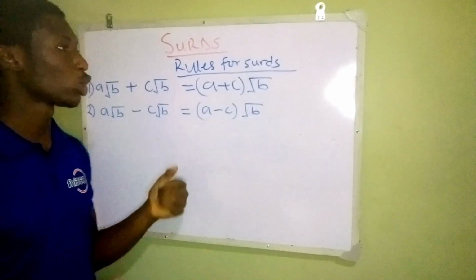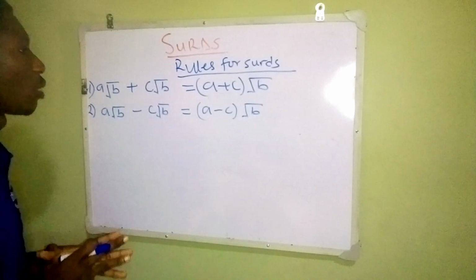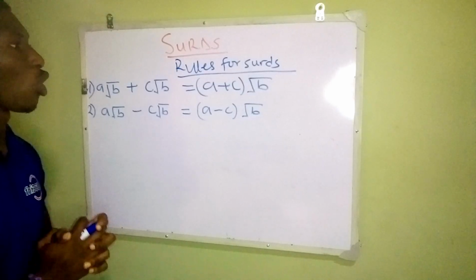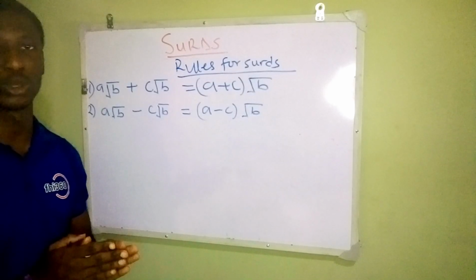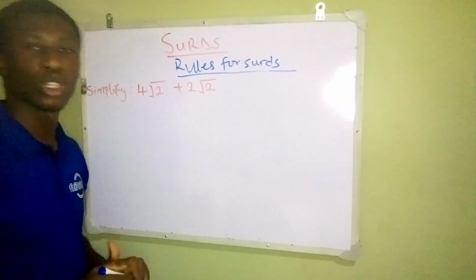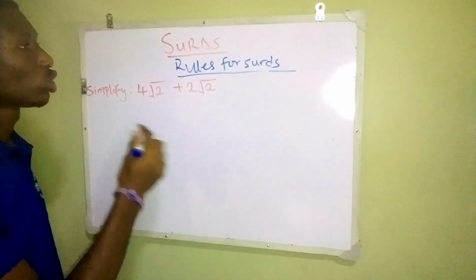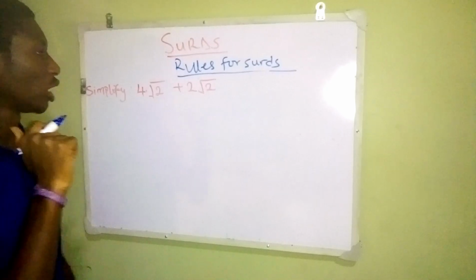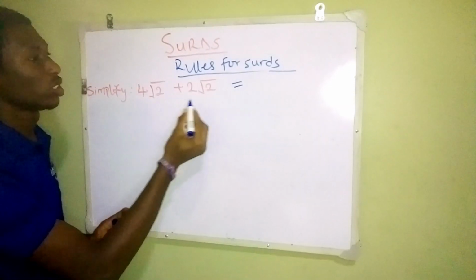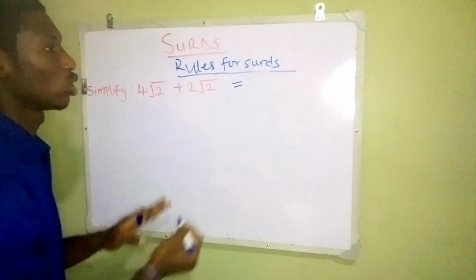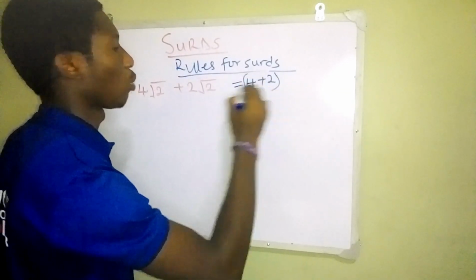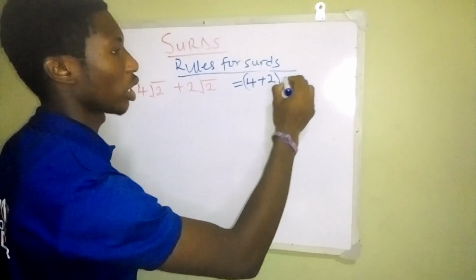Now, there is an exception to this rule, but I would like us to solve an example concerning these two rules before I tell us what the exception is. We are asked to simplify an expression like this. Based on the addition rule we just learned, this is my A and this is my C. So I will just say 4 plus 2, and I'll pick out one of the square roots, put it like this.